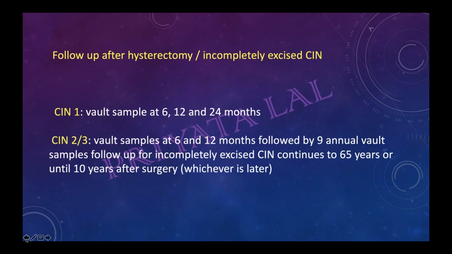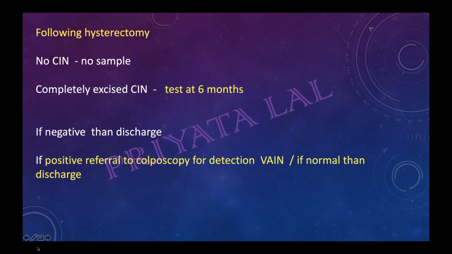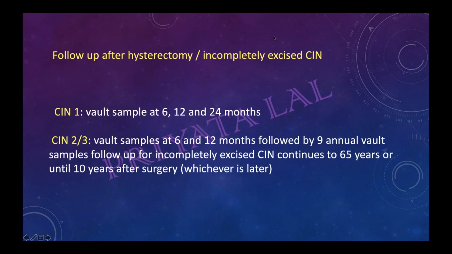Okay, now this is the thing when it was completely excised. Now it is incompletely excised. This part is no need to remember because it is ditto same as the previous guideline. If incompletely excised CIN 1, then wart sample you have to do at 6, 12 and 24 months.